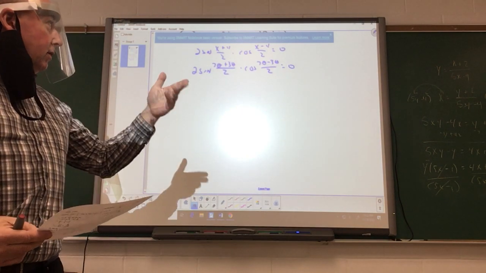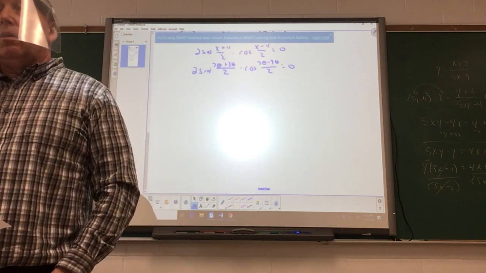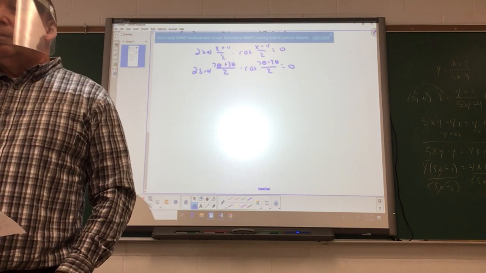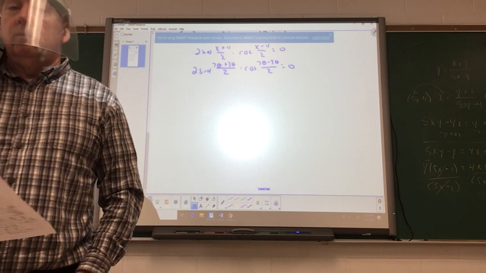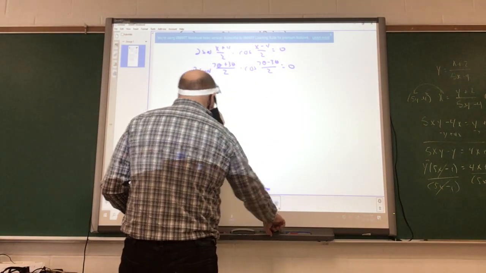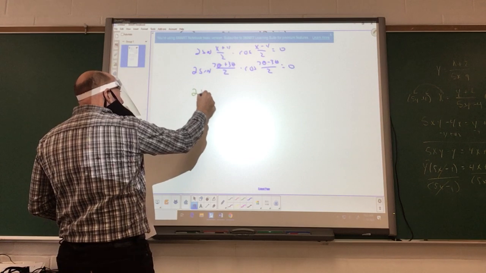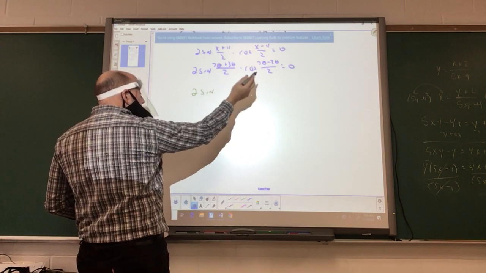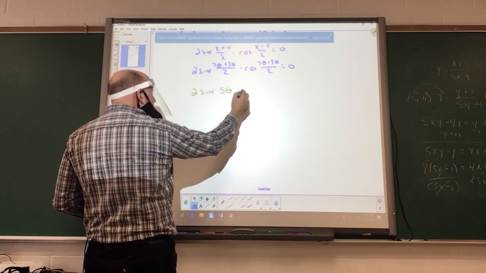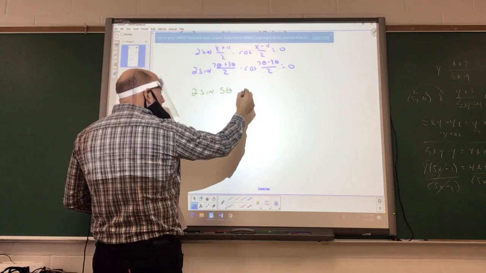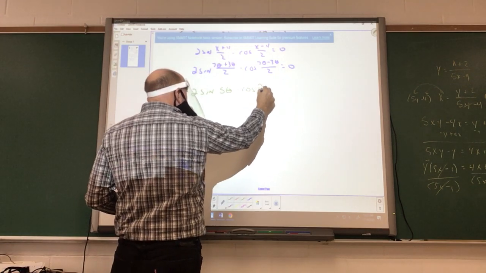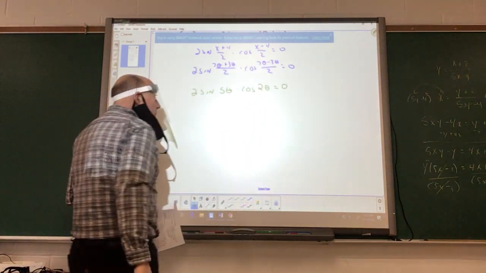Then I'm taking 7 theta minus 3 theta, subtracting, divided by 2. Seven theta plus 3 theta is 10 theta divided by 2, so we have 5 theta. 7 theta minus 3 theta is 4 theta divided by 2 is 2 theta.